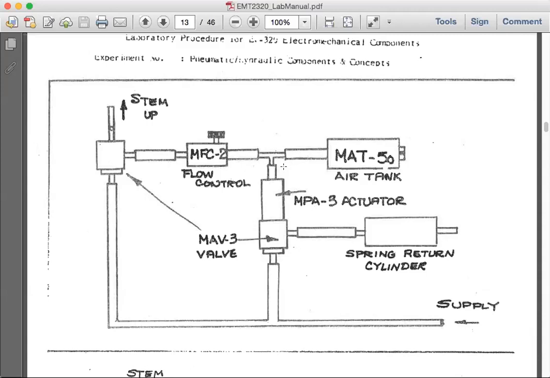After 5 seconds of time delay, necessary to depressurize the system enough to deactivate the actuator, the piston returns. So you press the stem, the piston shoots out right away. You release the stem, you have a 5 second time delay, and the piston returns.